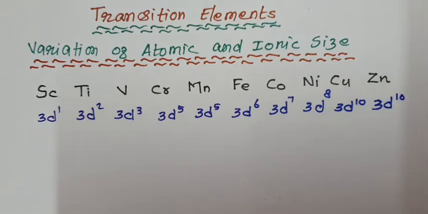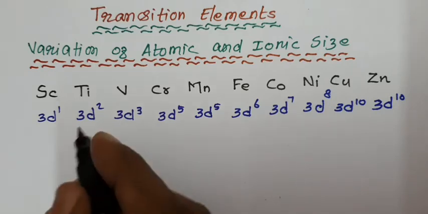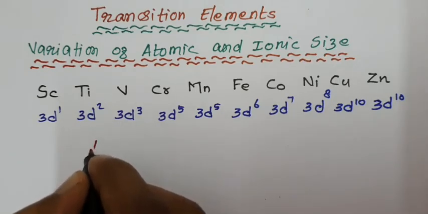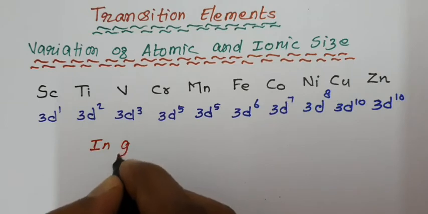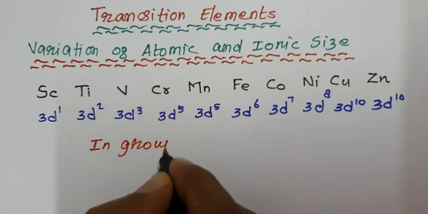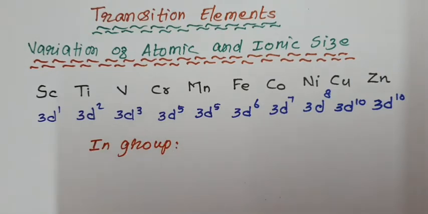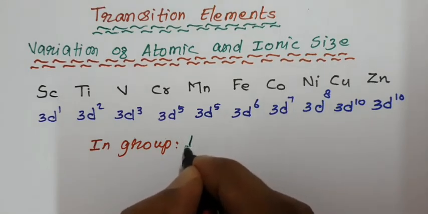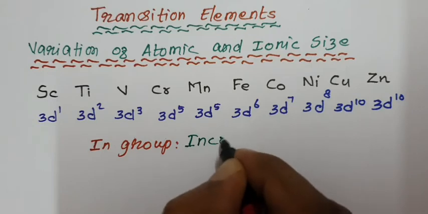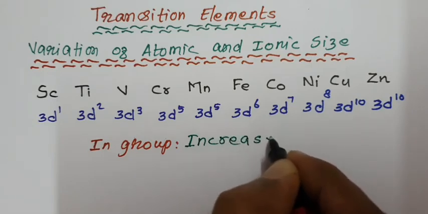So, in a group, what happens? In periods, what happens? In a group, the atomic radius increases as expected from top to bottom.